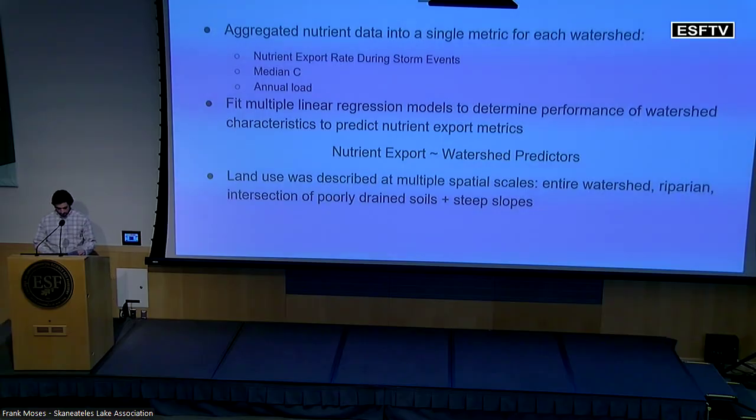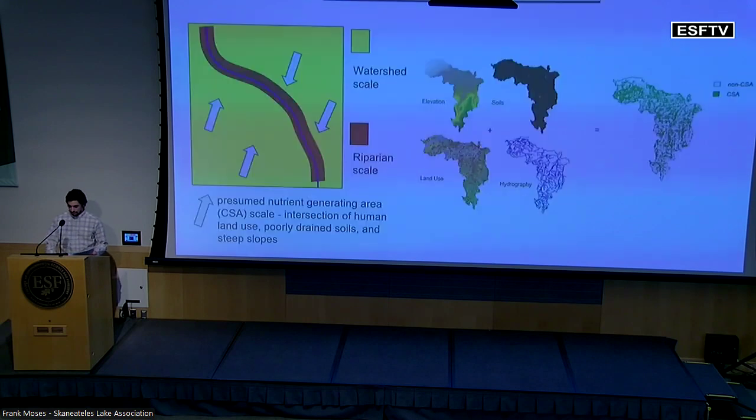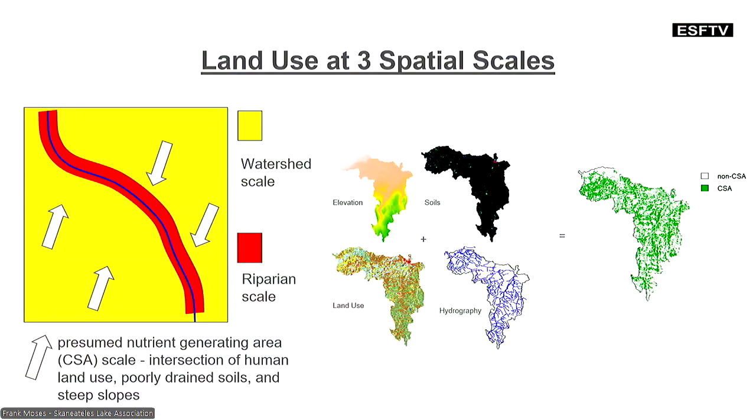And so like I've been talking about, land use was described at multiple spatial scales: across the entire watershed, within the riparian zone, and in areas defined by the intersection of poorly drained soils and steep slopes. So this diagram with the yellow rectangle can be used to demonstrate the land use at the three spatial scales.